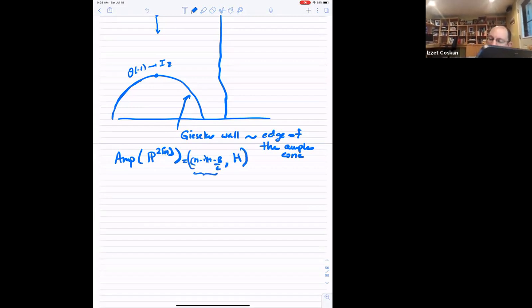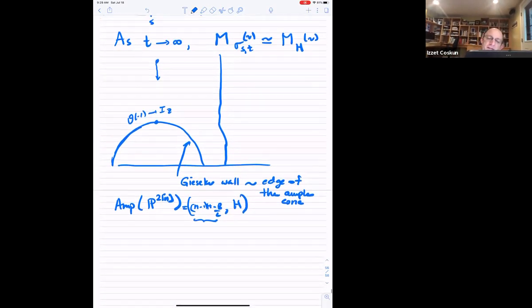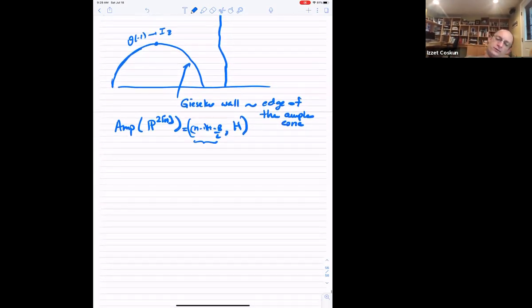In this nef divisor, the locus that got contracted was precisely the locus of collinear points. So not surprisingly, the edge of the ample cone corresponds to that wall, okay? We're not going to do this simply because we don't have time, but you can reverse this process.